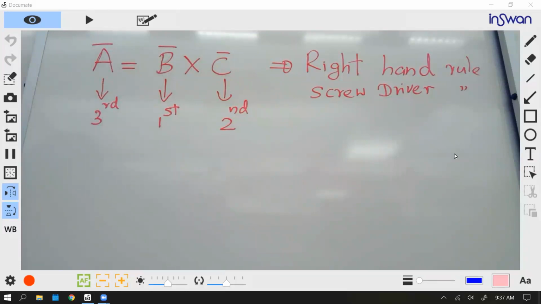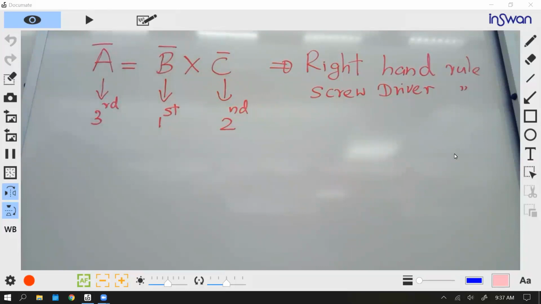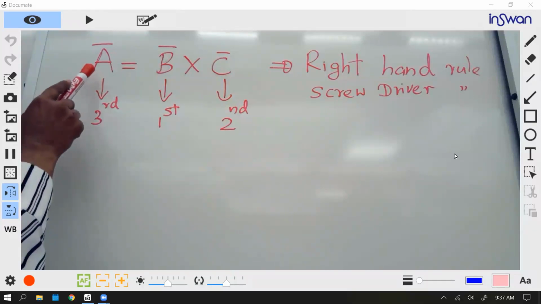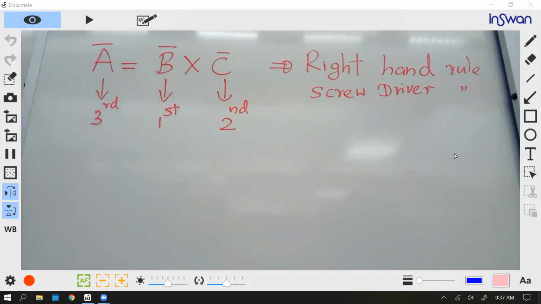We know how to find the magnitude of the A vector, but the direction also, if you know those vectors in i, j, k, you will be able to find the direction by using those coordinates. But the problem is that finding the A vector, if they are not in your x, y, z coordinates, then you need to find the third vector direction. It will be somewhere else, right?